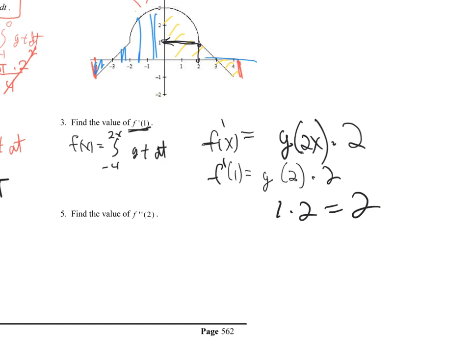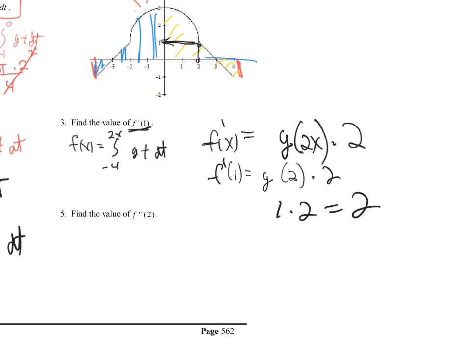Remember what f of x is? F of x is the integral from negative 4 to 2x of g of t dt. So f prime, using the shortcut, would be g of 2x times 2 again.